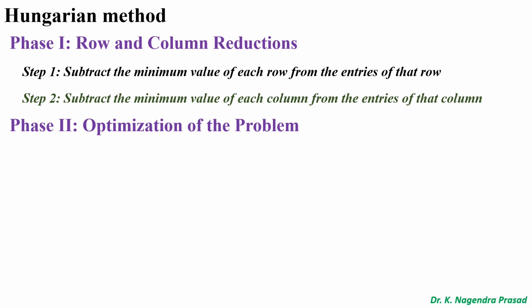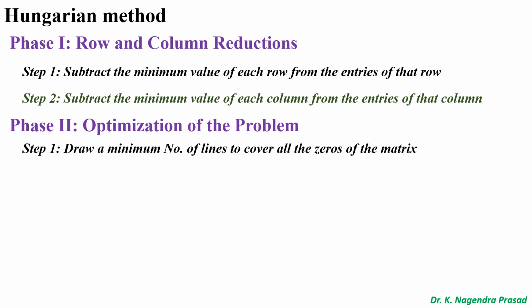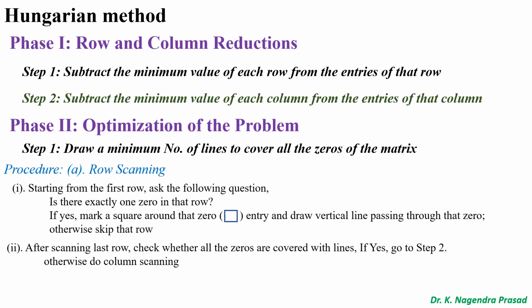In the second phase, that is optimization of the problem, step 1 is draw a minimum number of lines to cover all the zeros of the matrix. This can be done by row scanning as well as column scanning. Let's see the procedure for the row scanning. In the row scanning, we start from the first row and ask the following question: is there exactly 1 zero in that row?